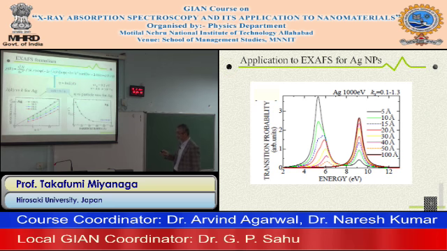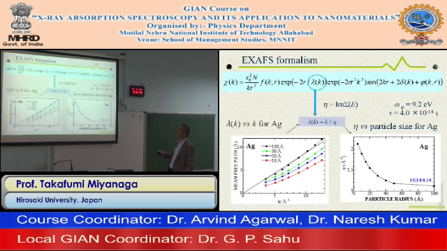We checked the exact result, so we calculated this mean free path. In the exact equations, the mean free path is compared to the exponential functions. So we assume that this mean free path function, depending on k, has a linear relation.